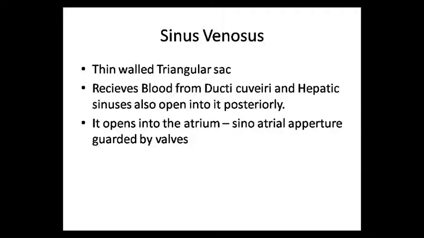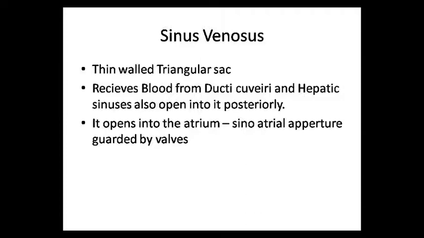Along with these, two accessory chambers are also present, the sinus venosus and conus arteriosus. Hence, we study the structure of the heart in Scoliodon by dividing it into four parts. They are the sinus venosus, atrium, ventricle, and conus arteriosus.